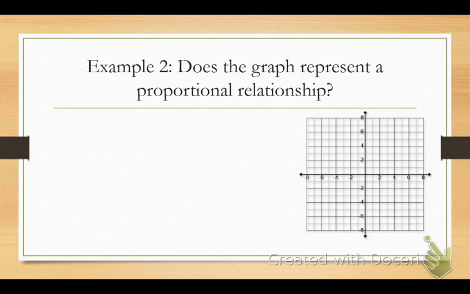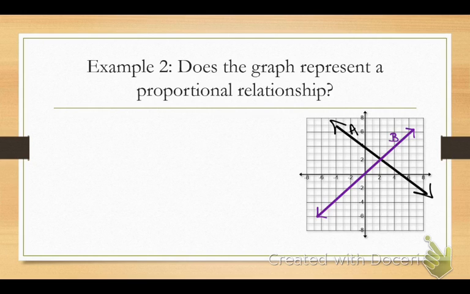Does the graph represent a proportional relationship? All right, so I'm going to give you 3 lines, okay? Again, this isn't necessarily something you have to graph yourselves. You just need to watch the screen, and we're looking for that indicator that we just talked about to tell us which line actually represents the proportional relationship.